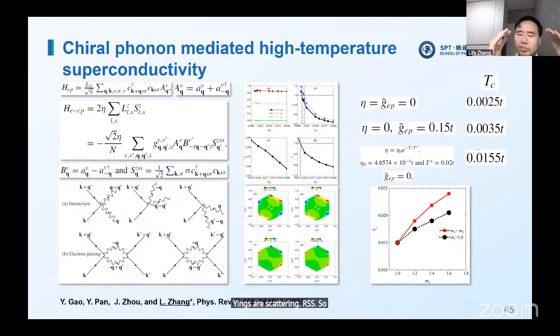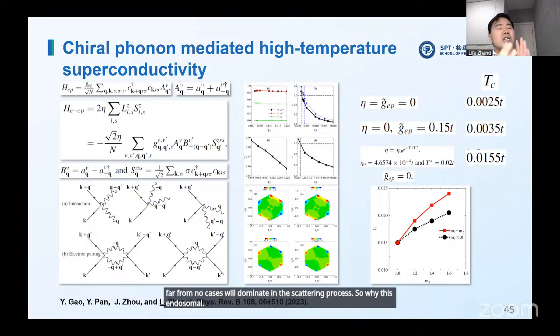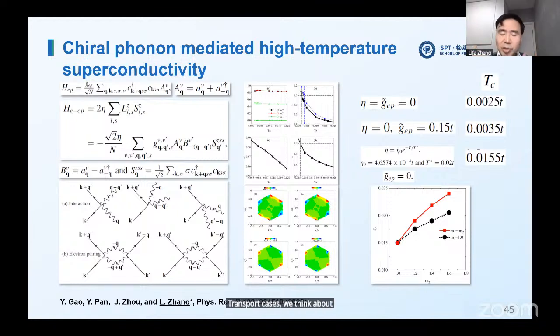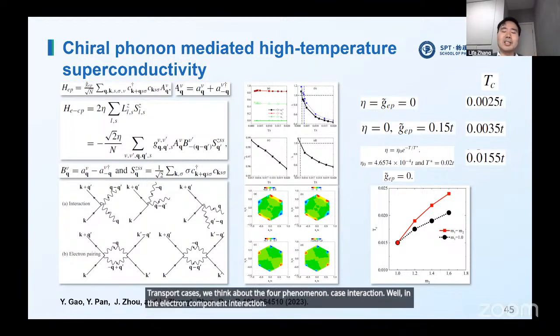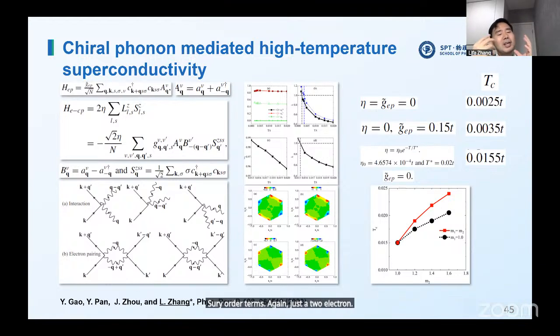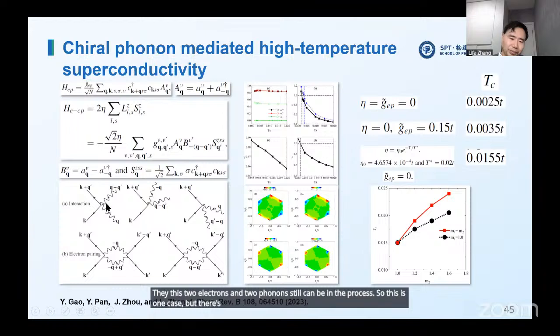So in some materials, the four phonon case will dominate the scattering process. So in thermal transport we think about the four phonon interaction, while in the electron-phonon interaction, we only consider the third order terms, just two electrons and one phonon. Why can two electrons and two phonons still exist in the process? This is one case for these fourth order terms.